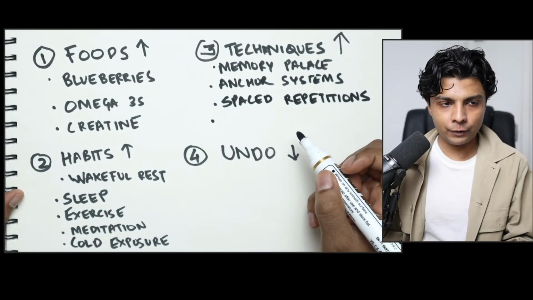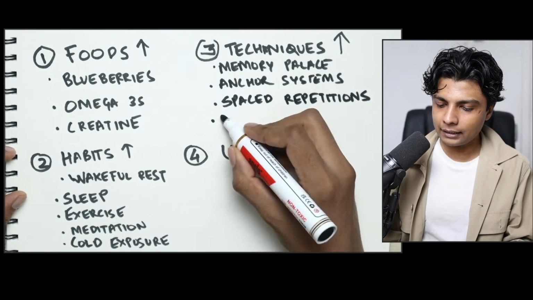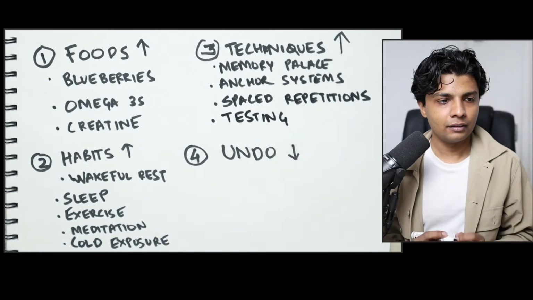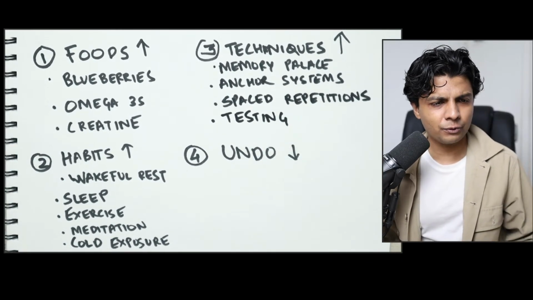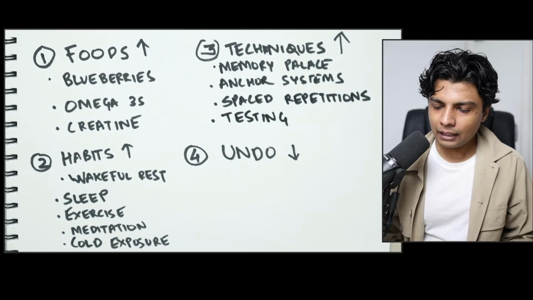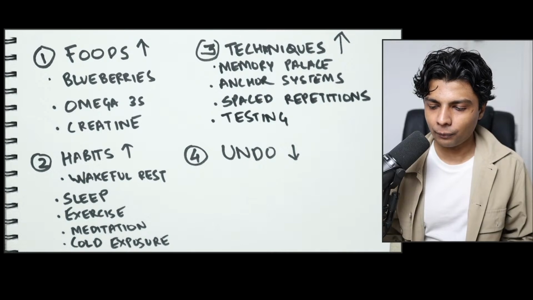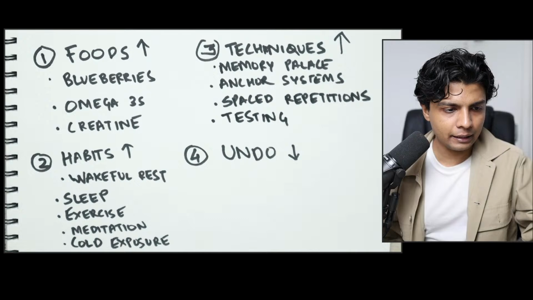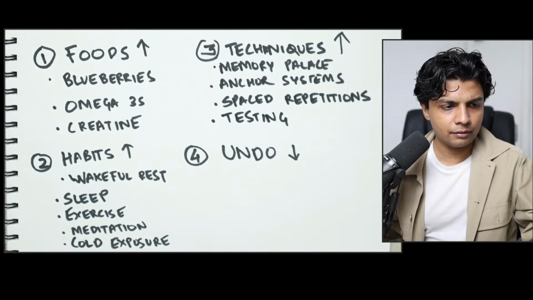And we are going to talk about some other techniques like testing, also known as retrieval. And I think those will be good enough for the techniques section. Might cover one or two more if I think it's important. In fact, I'm just going to quickly have a look so that I don't miss anything. Yeah, I think that's it.